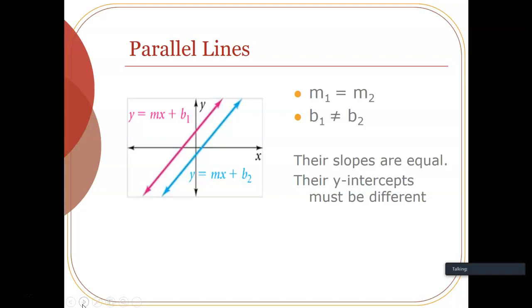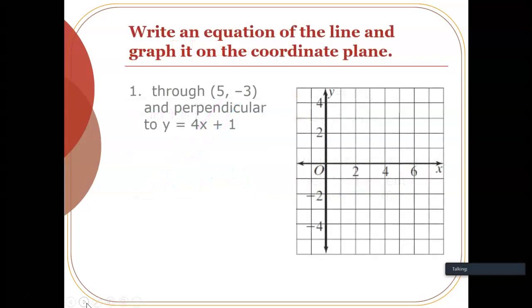Okay, so let's look at a couple examples. It says, write an equation of the line and graph it on the given coordinate plane that goes through the point 5, -3.